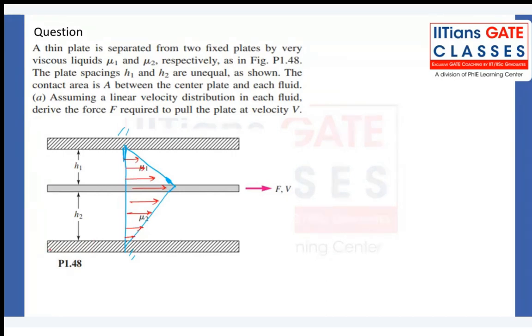The plate spacings h1 and h2 are unequal. The contact area A between the central plate and each fluid is shown in the figure. Assuming a linear velocity profile in each fluid, the driving force F that is required to pull the plate at a constant velocity v.